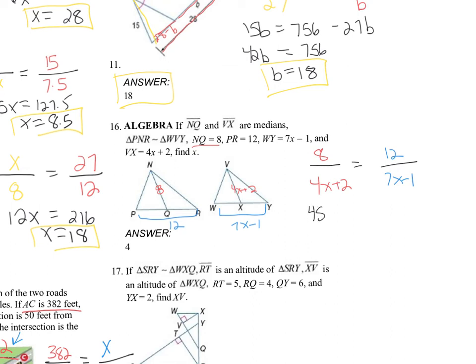So this will be 48x plus 24, and this will be 56x minus 8. And so now I'm going to move all my x's to one side and my constants to the other, and divide that out to get that x is equal to 4.